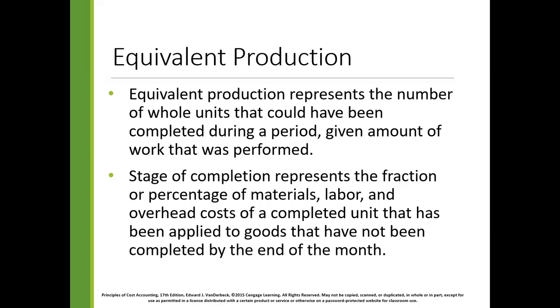So 1 unit, meaning one half completed, and another 1 unit, one half completed. So we can say that the equivalent production is 1. That means the unfinished units will be converted to their equivalent production.